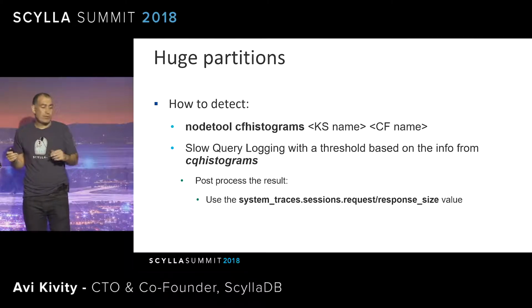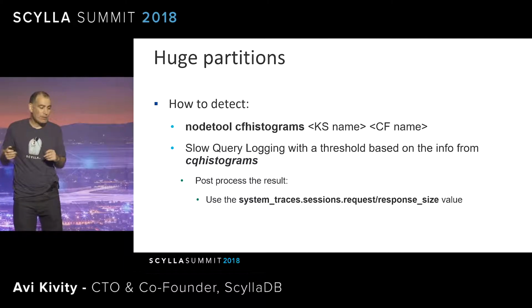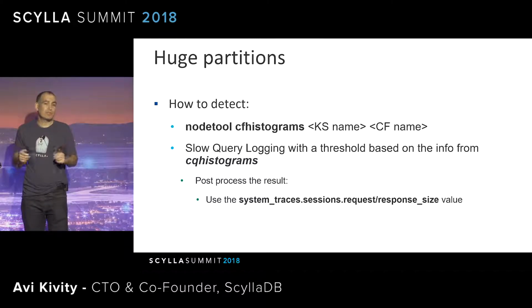And the way to detect that is you can use the nodetool histograms command, and that generates a histogram of various metrics about the table. Among them, it has the partition size that is generated during compaction. So it might be a little delayed, but still it's often a good way to see.